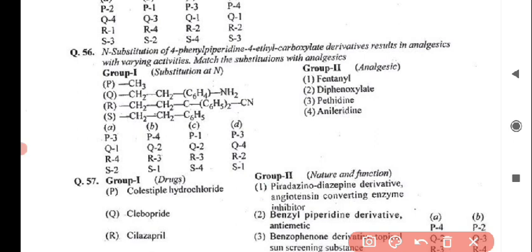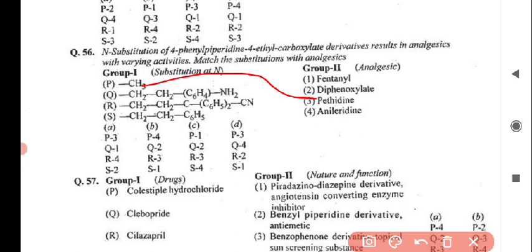So in this for option P, that is CH3, the correct answer for this is third option, that is pethidine. For Q option, that is CH2, CH2, C6H4, NH2.